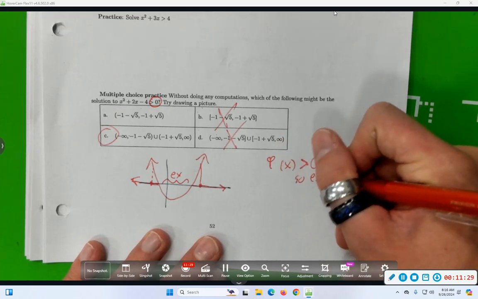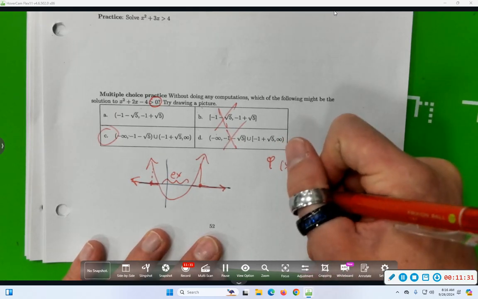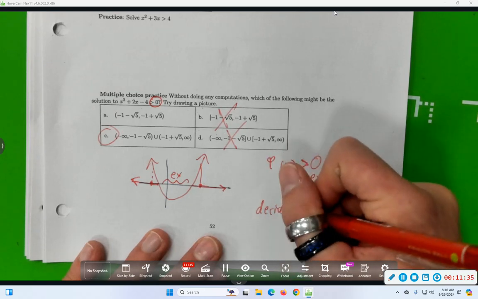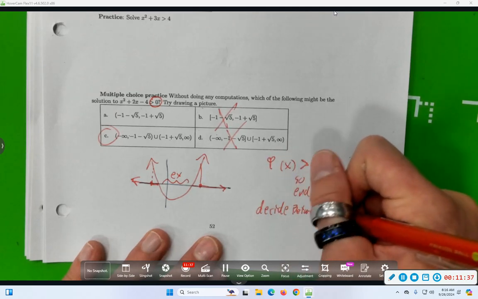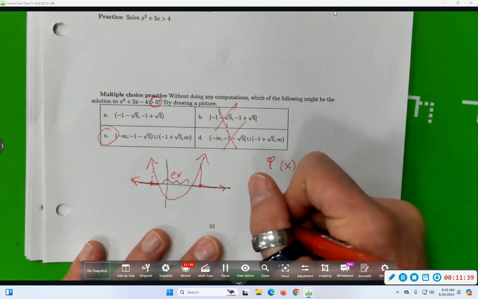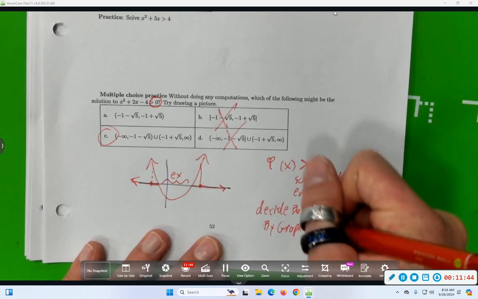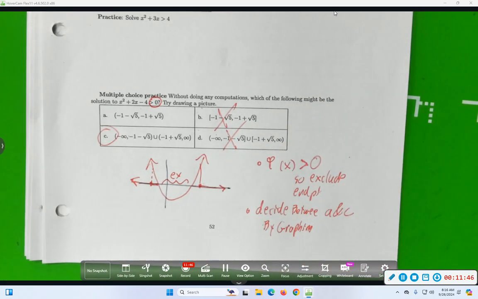So exclude endpoints. Decide between A and C by graphing. Give me a story about your strategy, and then even if you screw up a detail of your strategy, at least I know your strategy.